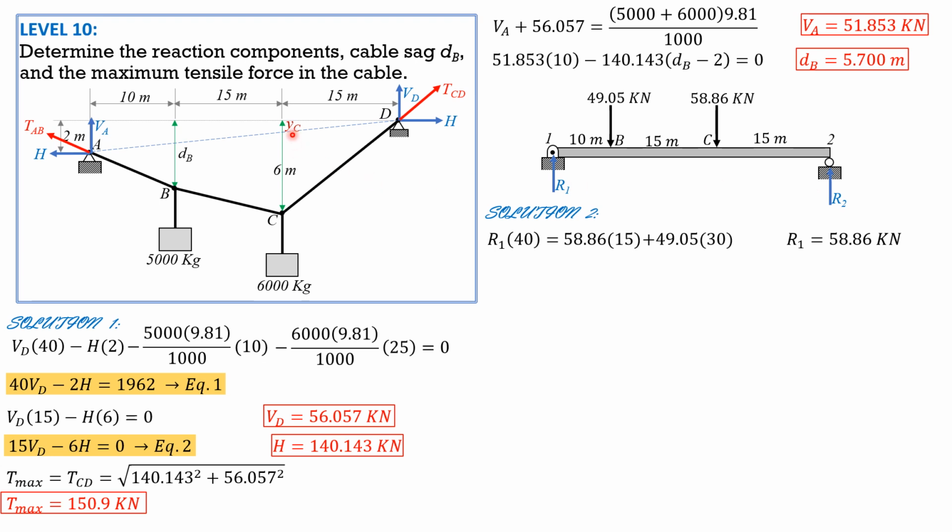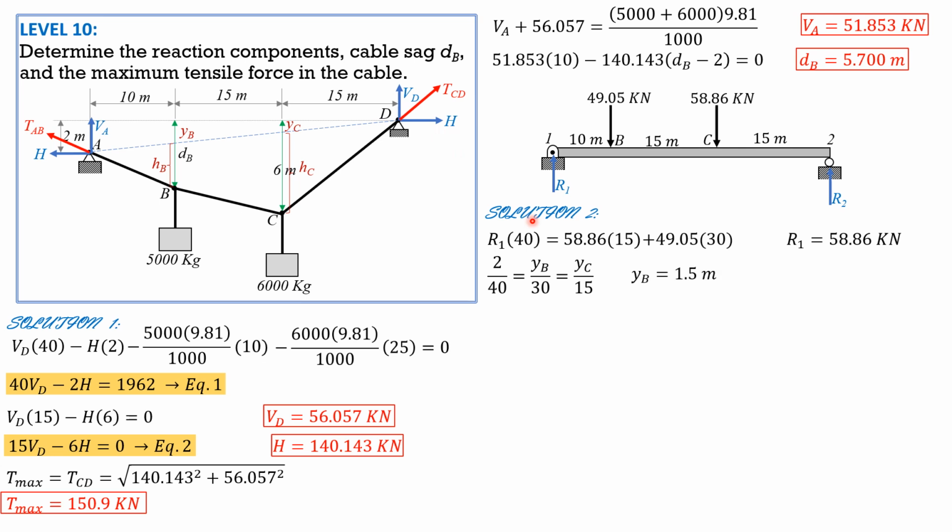So call this Y sub C, this small value here. Then this distance as Y sub B, and this distance as H sub C. Y sub B, then this distance as H sub B, as indicated in the figure. By similar triangles, 2 meters is to 40 equals YB is to 30 equals YC is to 15.